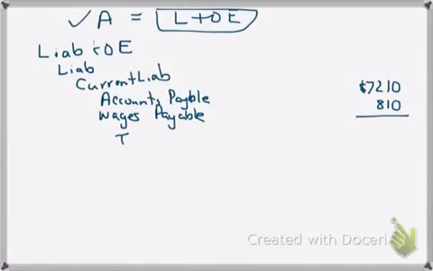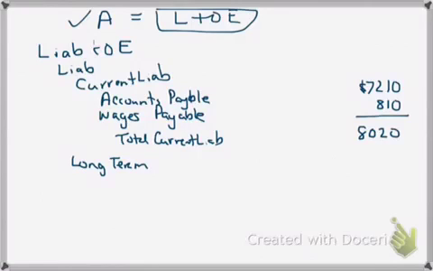And so this gives us our total current liabilities. If I add those two numbers together, I will have $8,020.